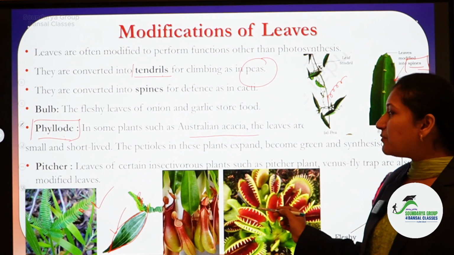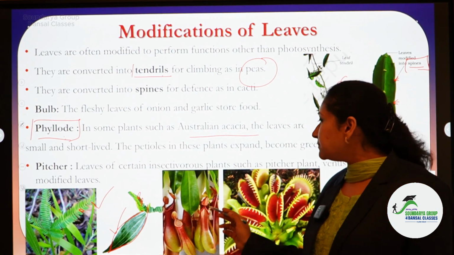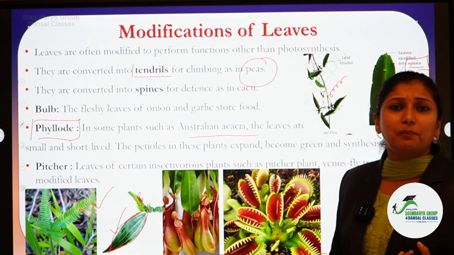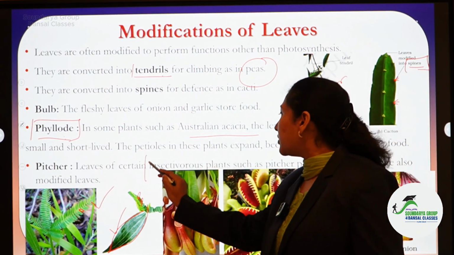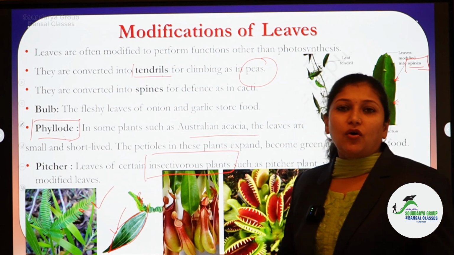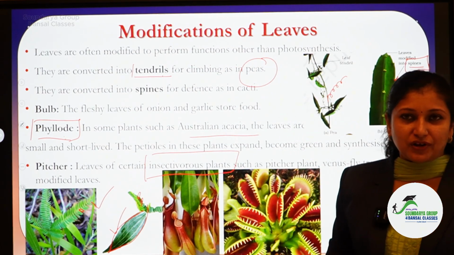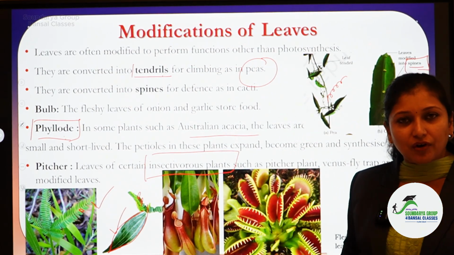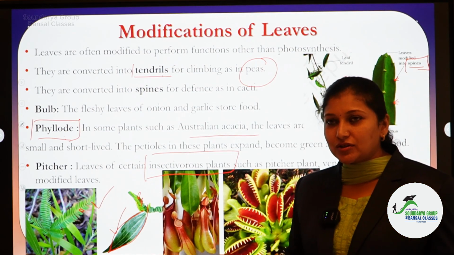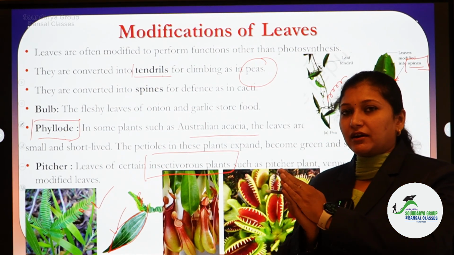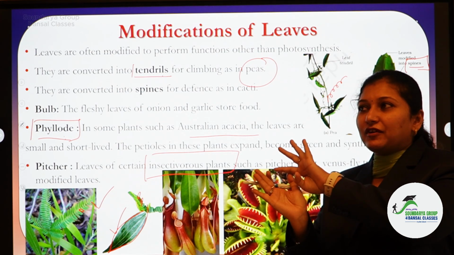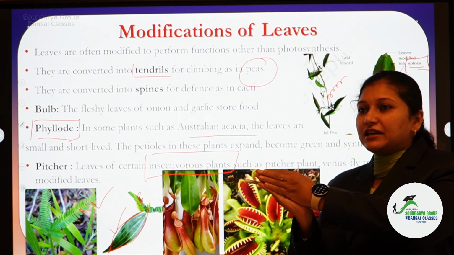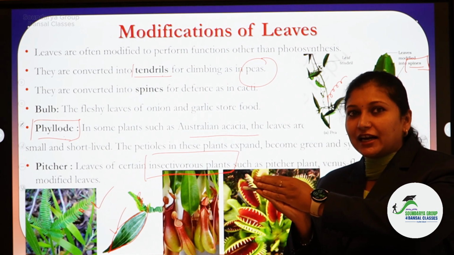Then we have the last modification of leaf, that is leaves turning into pitcher and Venus flytrap in the case of insectivorous plants. See, all plants are not autotrophic. These types of plants are heterotrophic. They will start eating insects also. In the case of Venus flytrap, you have this type of trap where a fly will be sitting and then it is getting trapped within that trap.